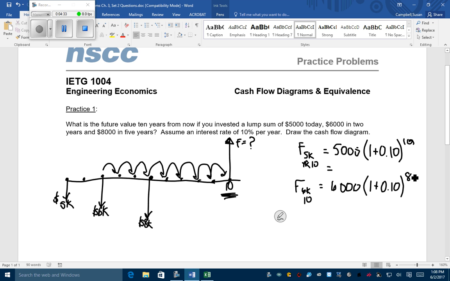And lastly, we have what is the future value of the $8,000 in year 10? So 8,000, 1 plus 0.10, and that of course is moving out 5 years.